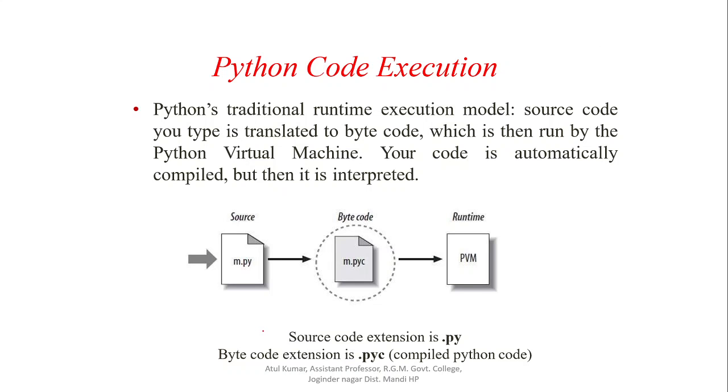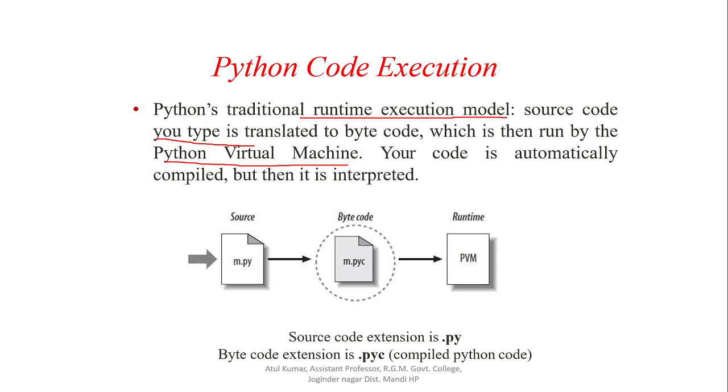So this is Python code execution. Actually, what happens inside your system when Python code is executed? Python's traditional runtime execution model involves the source code you type being translated to bytecode, which is then run by the Python virtual machine.